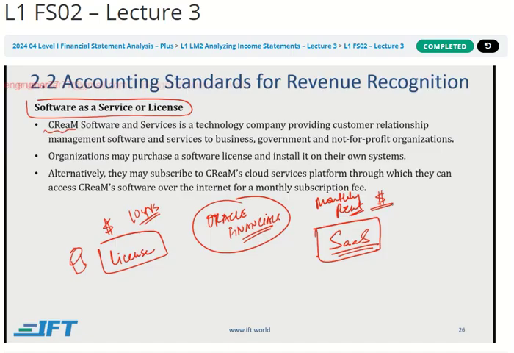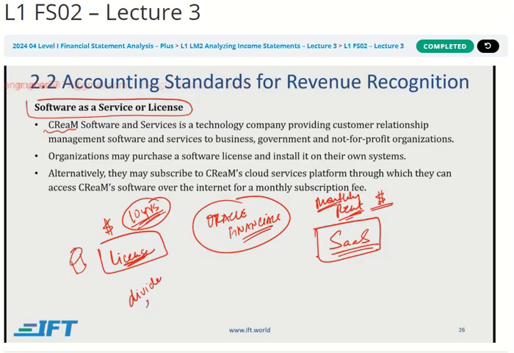So they could go about the software as a service model very, very easily on a monthly basis, as the revenue is recorded based on as the service is delivered to you. However, little bit complication is there with the license. Now, if you pay upfront and you buy the 10 years license, Oracle can recognize that whole revenue at once, or it can divide it across 10 years.